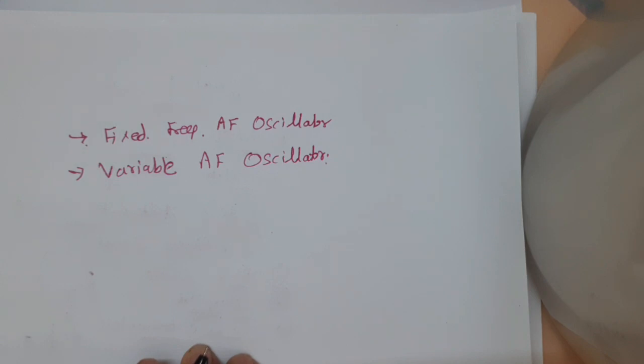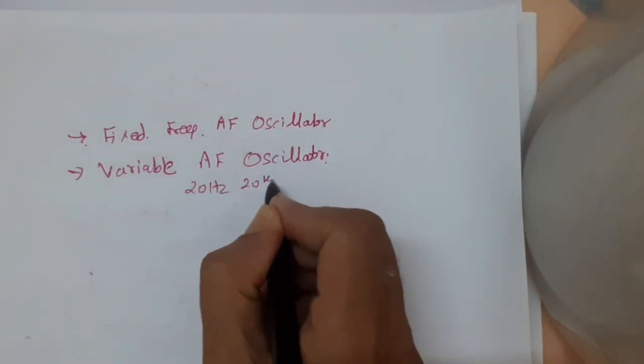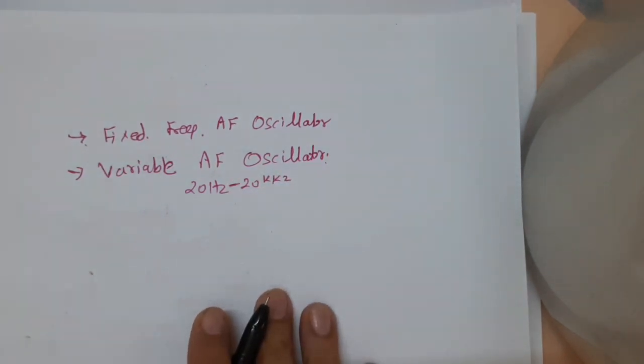The variable AF oscillator for general purpose use in the laboratory should cover at least the full audible range, that means 20 Hz to 20 kilohertz, and should have a fairly constant pure sinusoidal wave output over the entire frequency range.